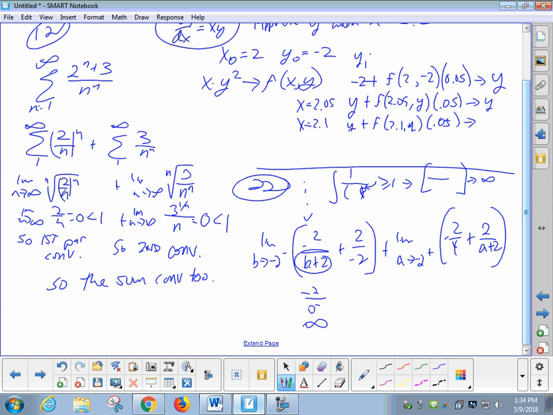Let me make sure I'm actually thinking about this right. So I'm approaching -2 from below. If I imagine a number, maybe -2.1, -2.1 plus 2 would be -0.1, and -2 divided by -0.1 would be +20.